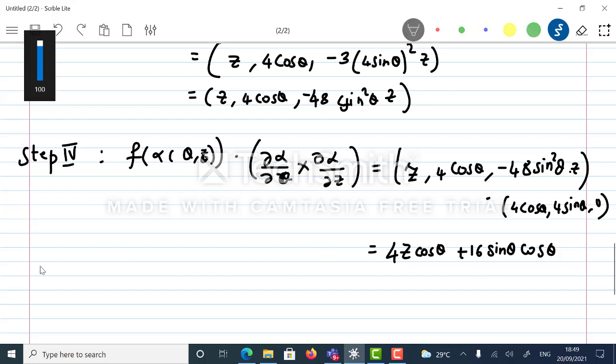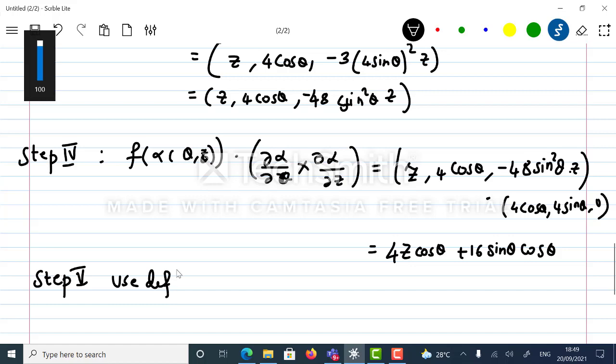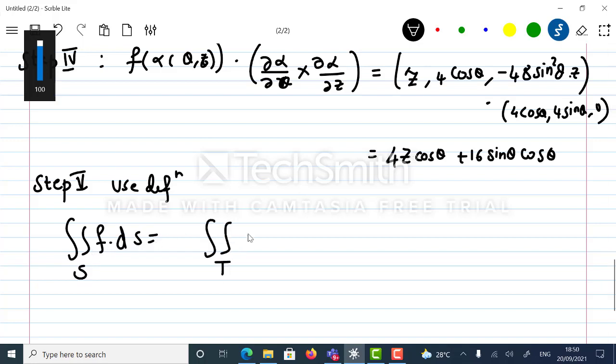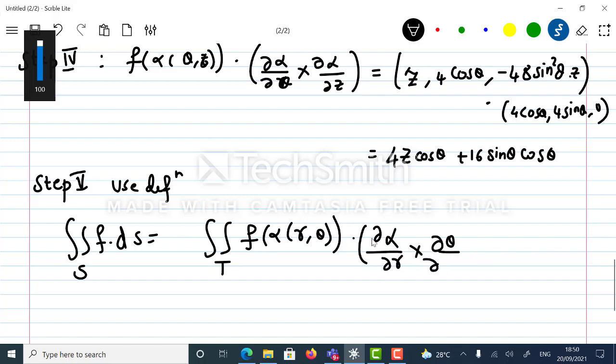Okay, and now step 5 is use the definition. The surface integral over S of f dot dS is the double integral over T of f of alpha r comma theta, I should say here theta comma z, because these are the two parameters, dot dou alpha by dou theta cross dou alpha by dou z, d theta dz.